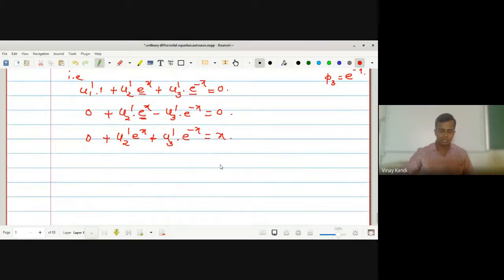Now solving the system of equations by Cramer's rule.